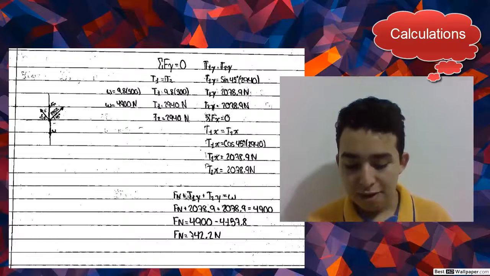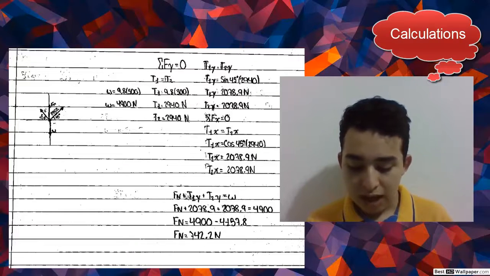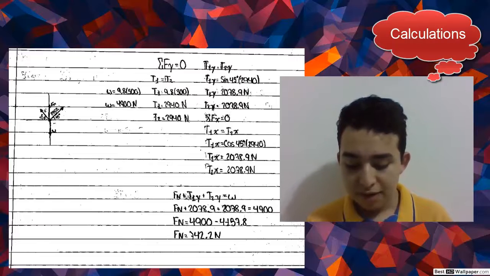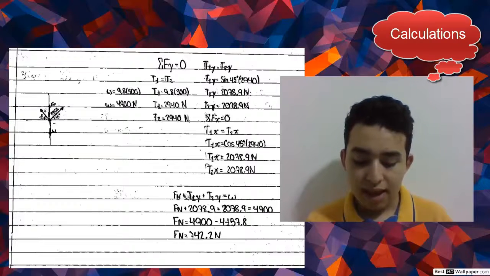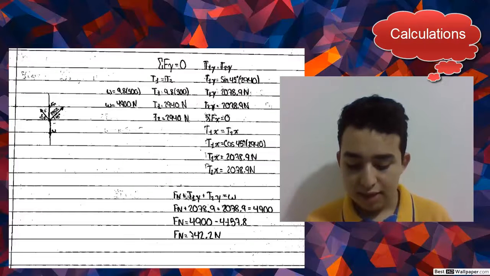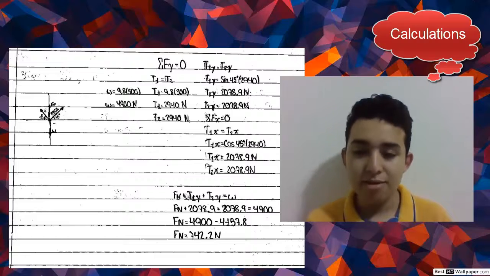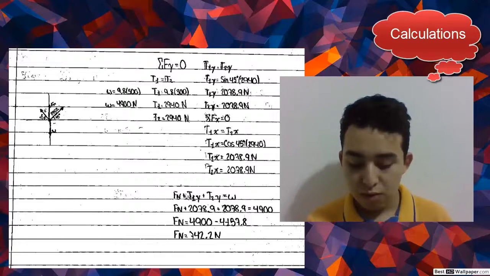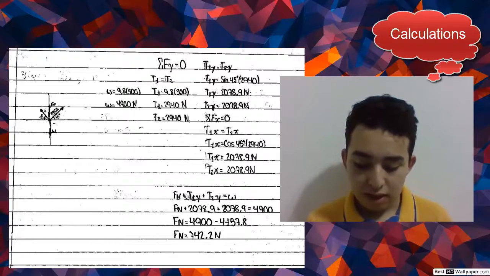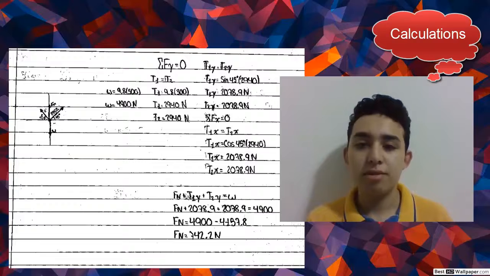And in order to obtain the normal force, we isolate it from the equation: the weight minus tension 1 in Y minus tension 2 in Y gives us 742.2 newtons.